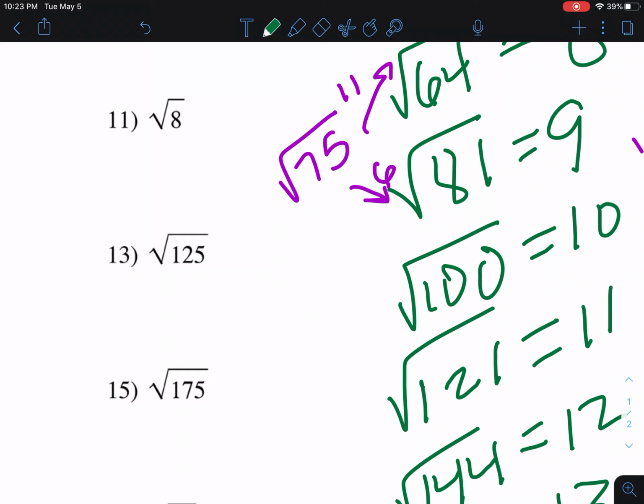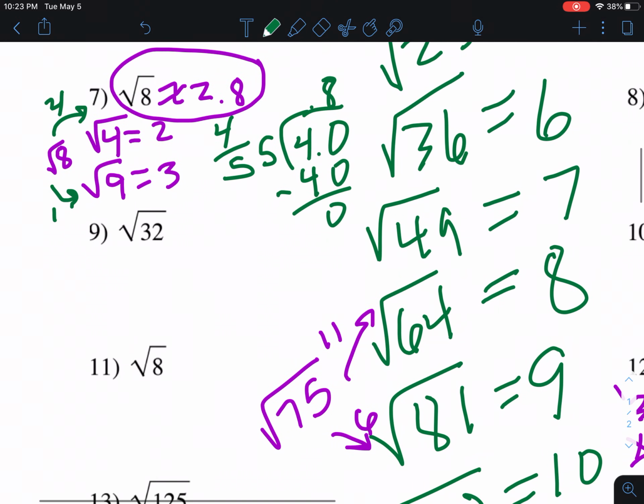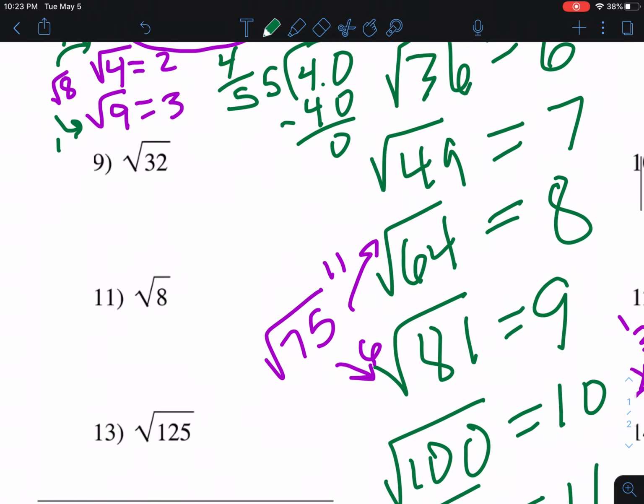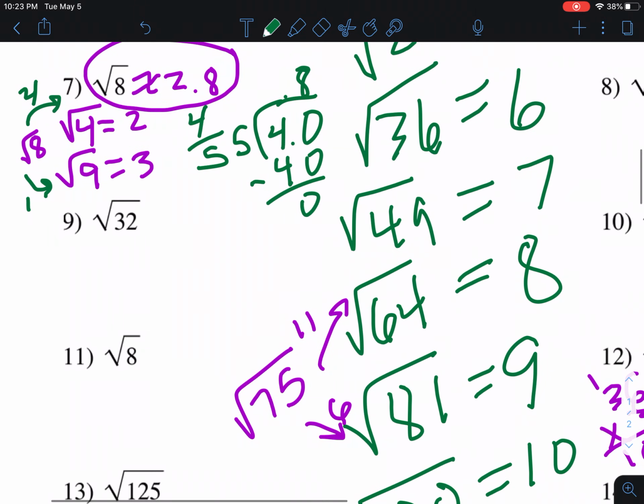Probably not. 81 times 2 is 162, so we couldn't get a third 81 in there. 64 is probably not going to happen. Even numbers will never go into odd numbers without a remainder, so we can skip 64. If we look at 49, 49 times 3, that's 147, so we're not going to get to 175.